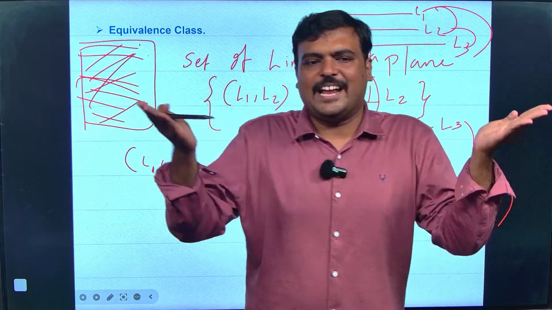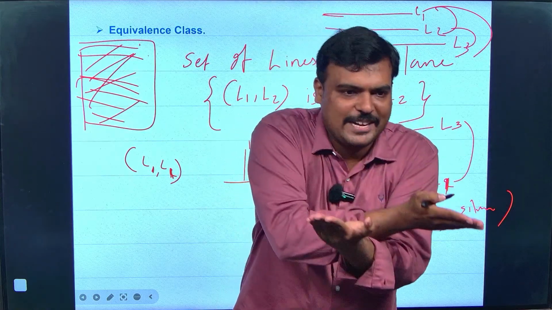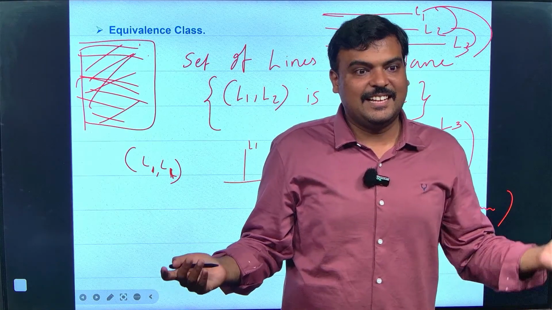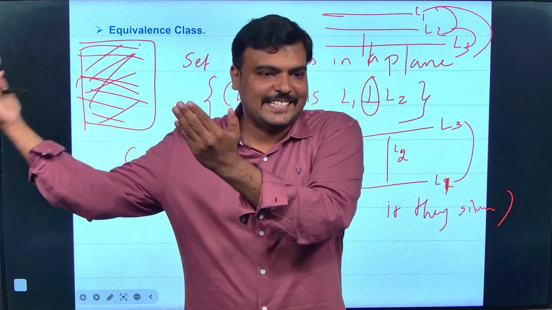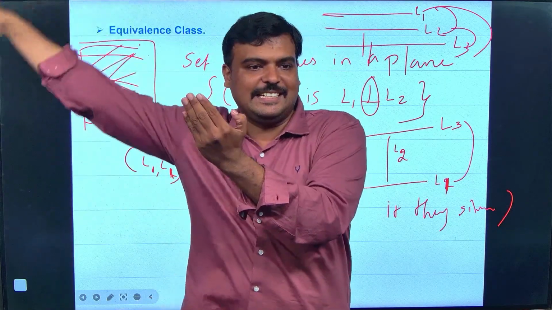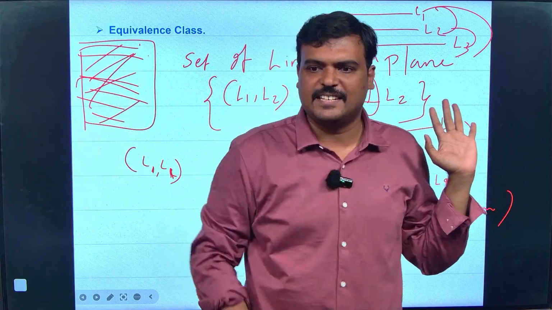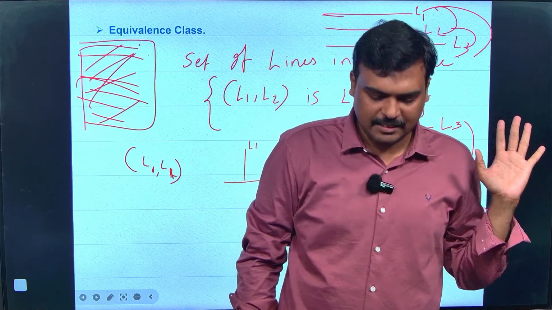If two triangles are similar, T1 comma T2 similar, then T2 comma T1 also. T1 comma T2 similar, T2 comma T3 similar. What about T1 and T3, guys? Similar. So can we conclude this is an equivalence relation? Understood?